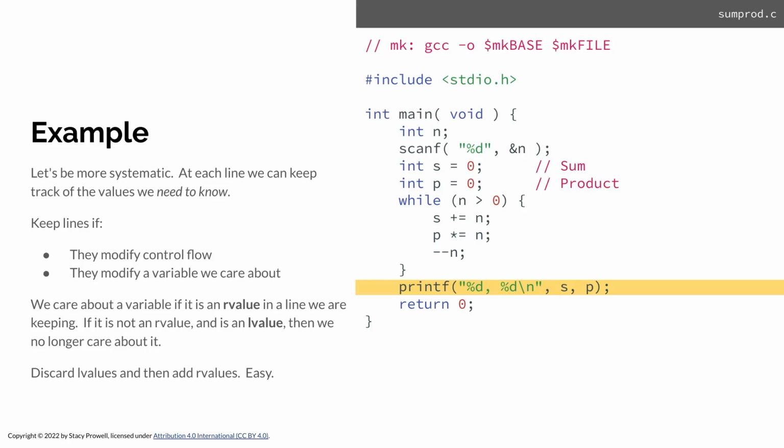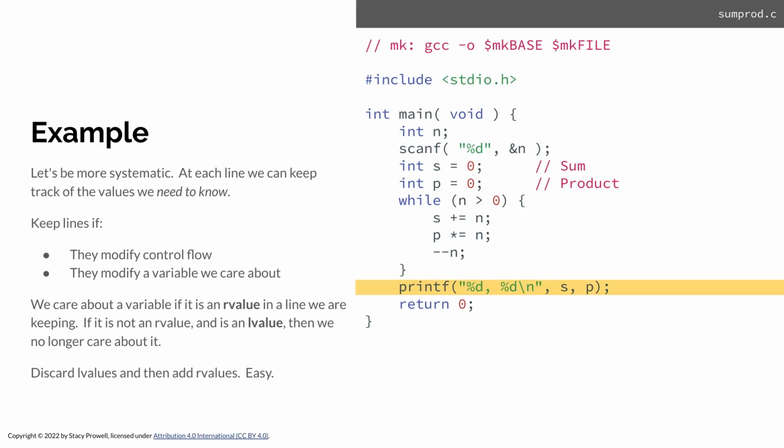And we will look at a line and we'll ask, does this modify a variable in the care set? If it does, keep the line. If it doesn't, we ask, does this line change control flow? If it does, we keep the line. And if it doesn't, we're done with it and we throw it away. Now, what about the care set? We have to keep track of that too.